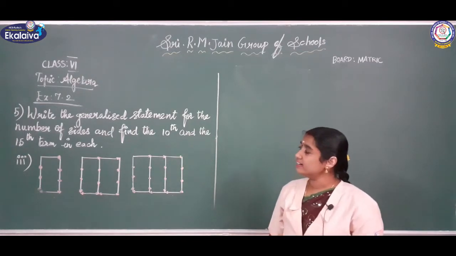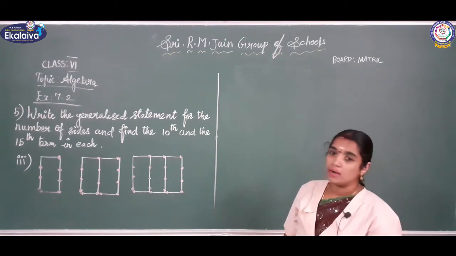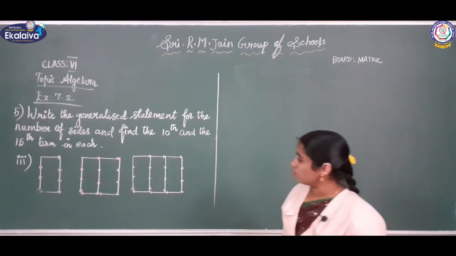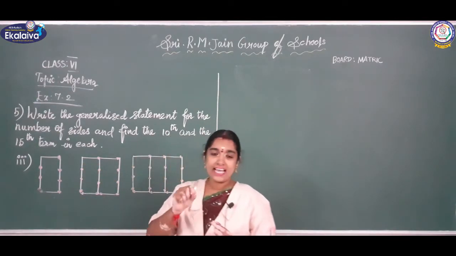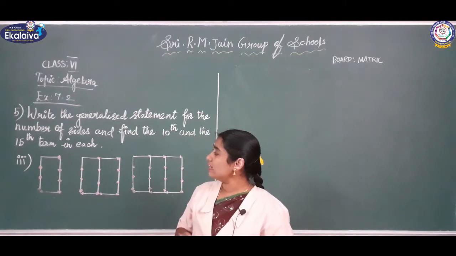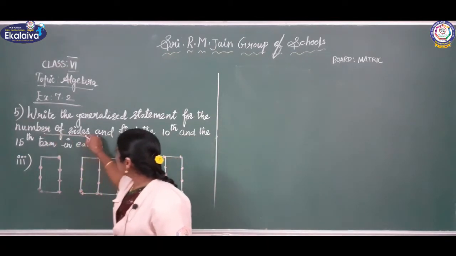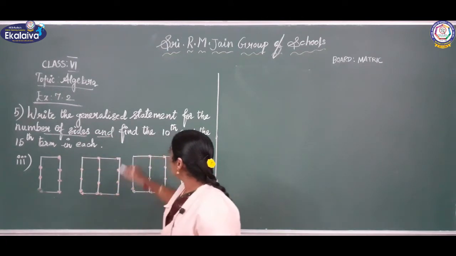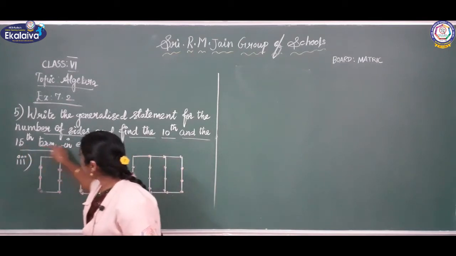Children, listen here, write the generalized statement for the number of sides. See here the rectangles they are given. The rectangles are covered by the matchsticks. So for the number of sides, I am going to find the 10th as well as the 15th term.